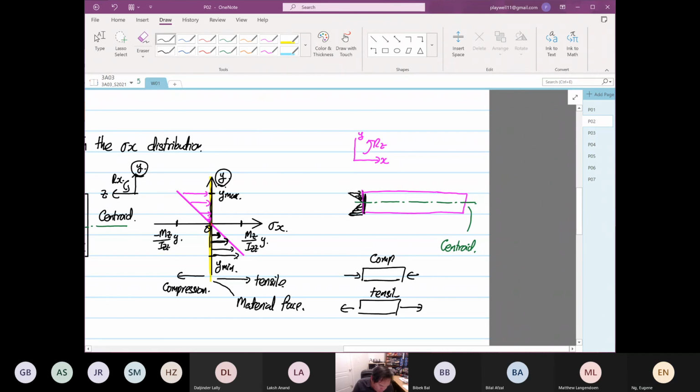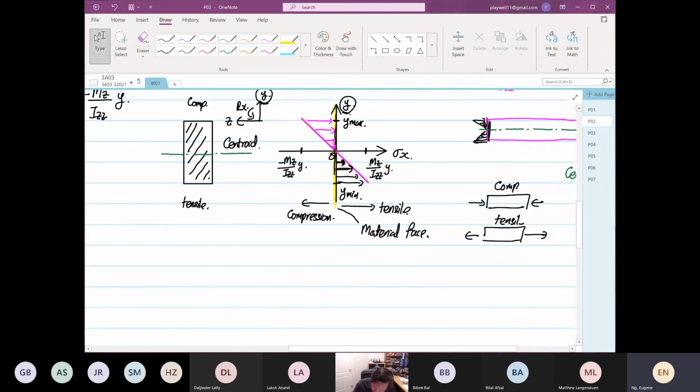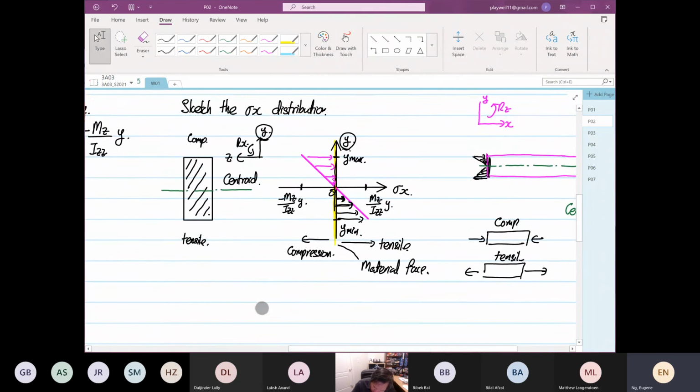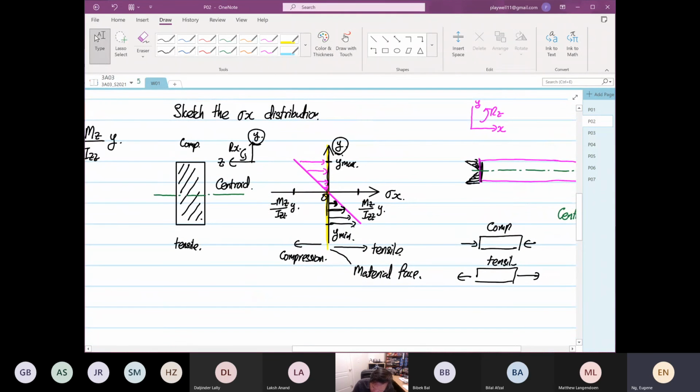Now, it's very different in the context that, what we are calculating down here is the stress distribution. We used to apply a formula where we have stress X is equal to P over A, right?